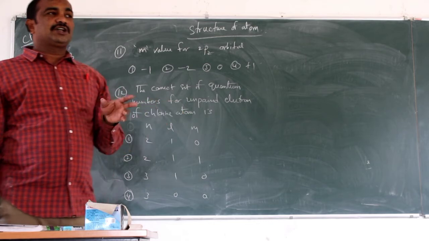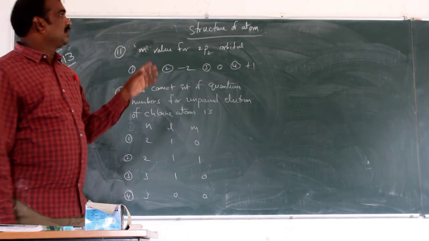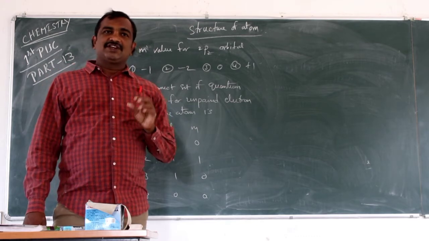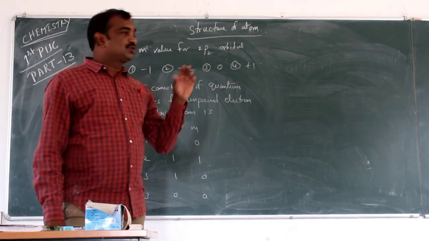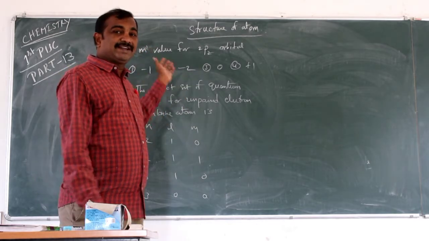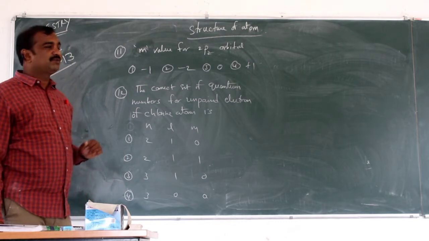For pz, there are zero orientations. So the magnetic quantum number becomes zero.